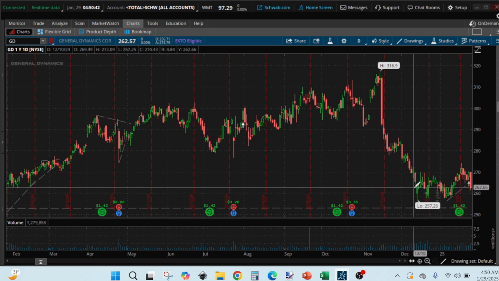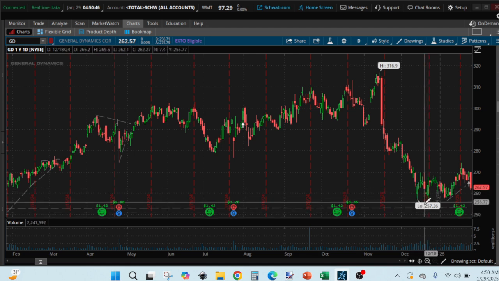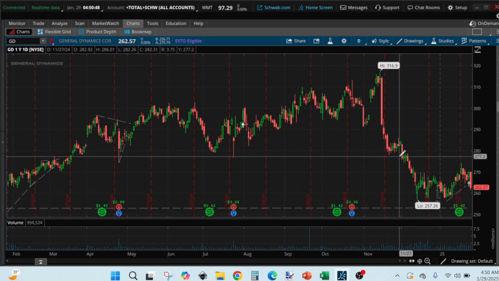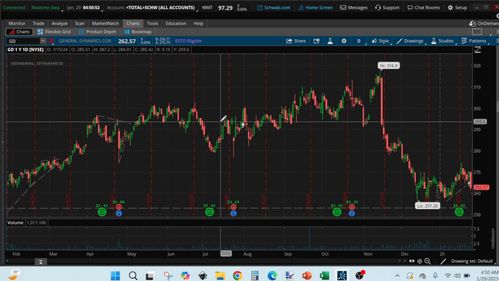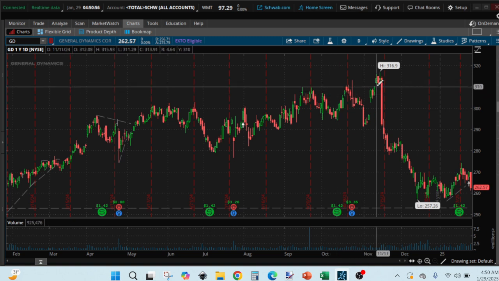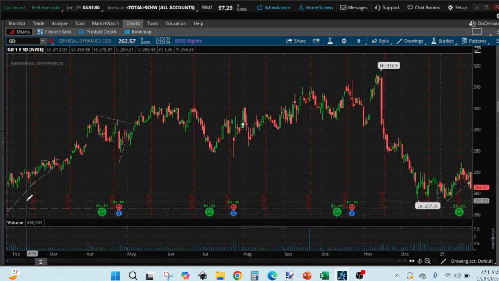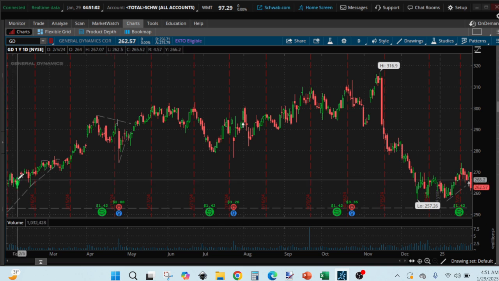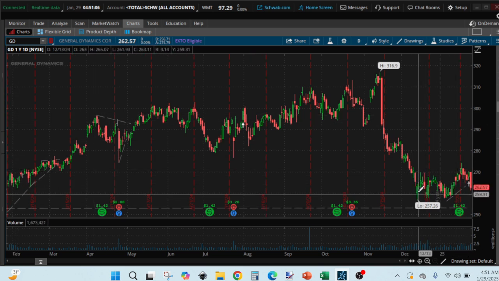So on this day, this price bar was the lowest of the year. It got into the year going, anyway, it's 52 weeks. So whatever, like January 2024 to January 2025, this area was the lowest point.